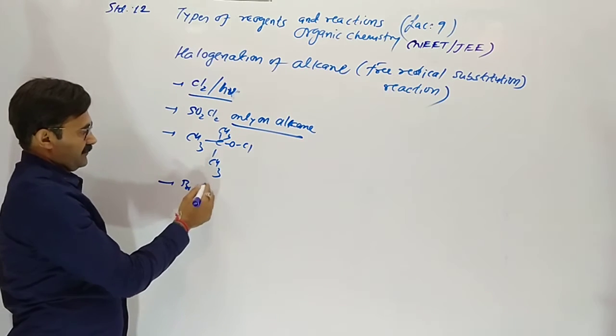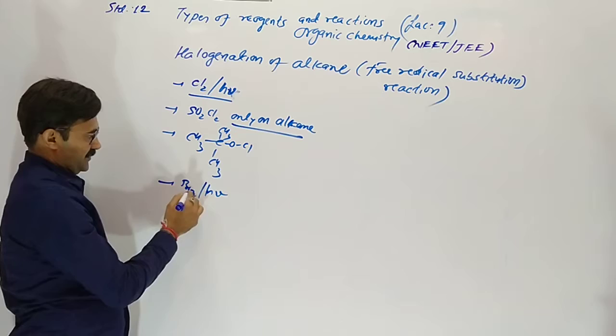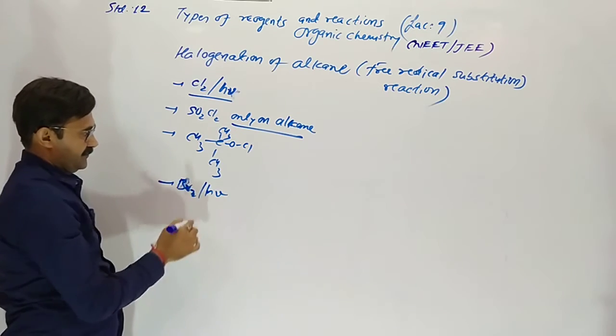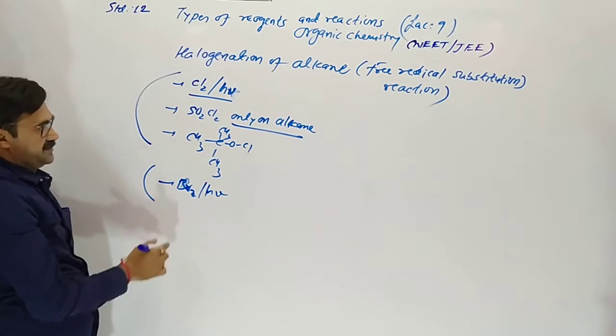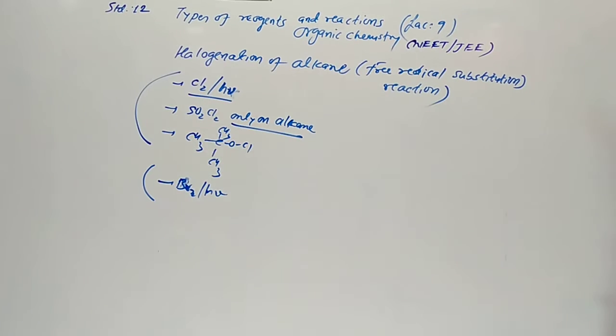Then bromine with sunlight gives a free radical reaction. These three are chlorination, this one is bromination. Now bromination in the presence of sunlight.